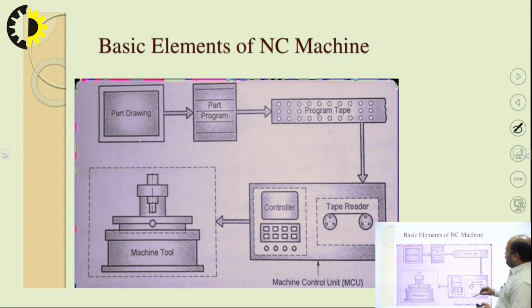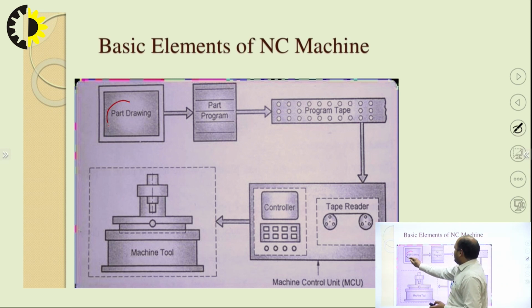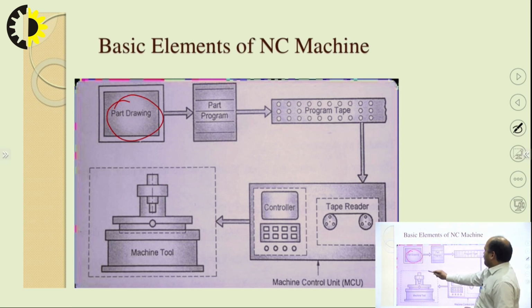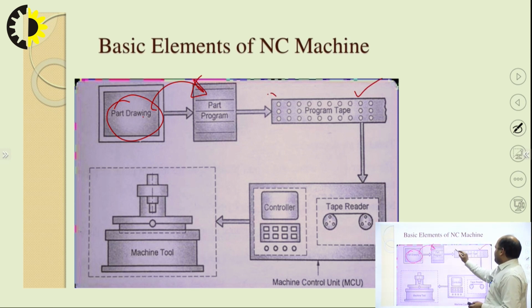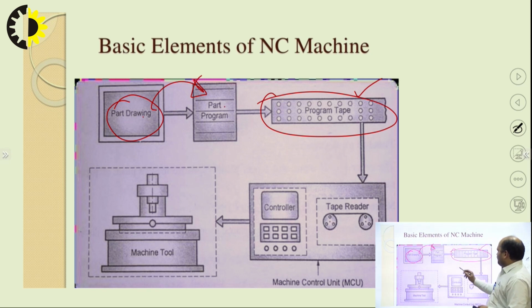So here we are seeing the system in which, with the help of the part drawing, the part program is prepared. Initially, in olden days, the program tapes were made with the help of holes, and accordingly they consisted of this program.